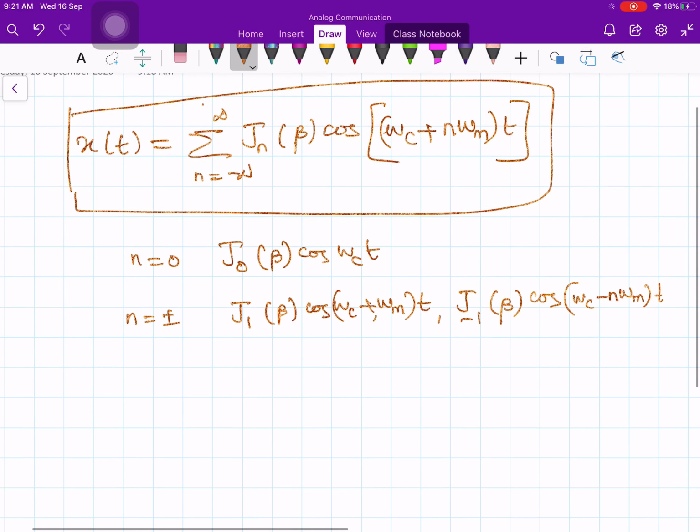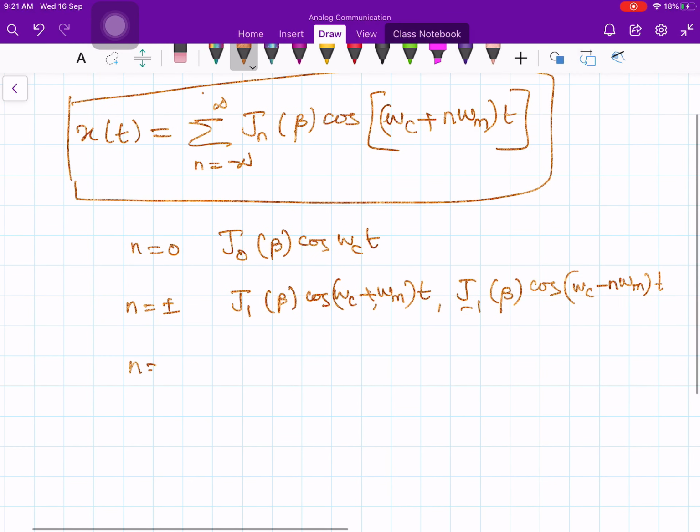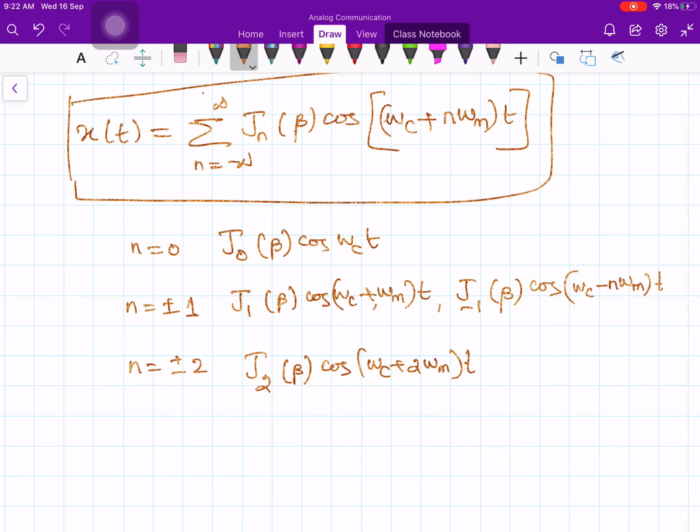Similarly, substitute n equals plus or minus 2, then you will get J_2(β) cos of (ω_c + 2ω_m)t, comma, J_{-2}(β) cos of (ω_c − 2ω_m)t.